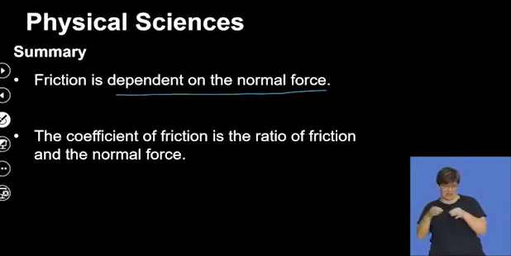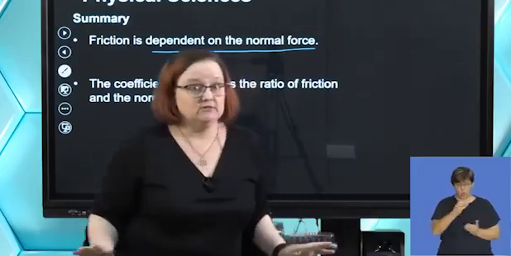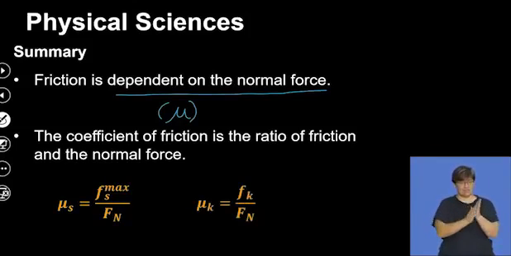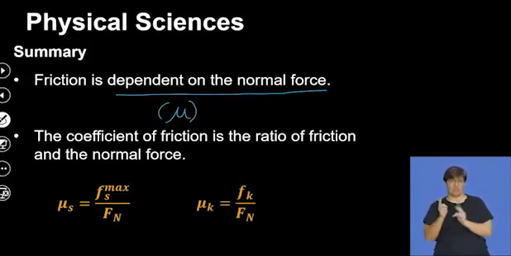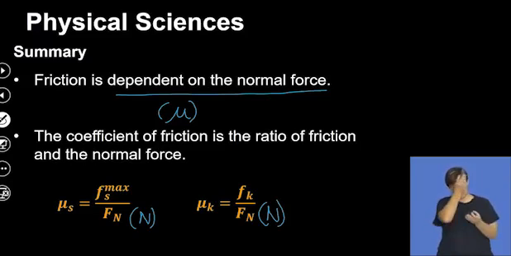So the coefficient of friction, which is the symbol mu, and we either put an S or a K, is the ratio of the friction and the normal force. Ratio means division. Coefficient, no units. Okay, very important. There's mu S with maximum static friction, mu K, kinetic friction in the normal. Okay? Just as an aside, you may see these equations with an N instead of Fn. They're given to you on your information sheet. That's always nice. We like it when they give us equations.